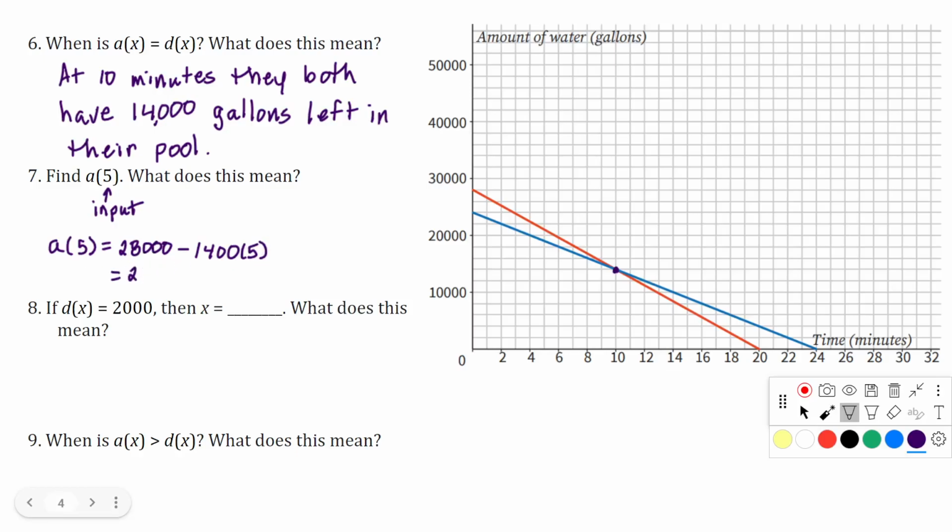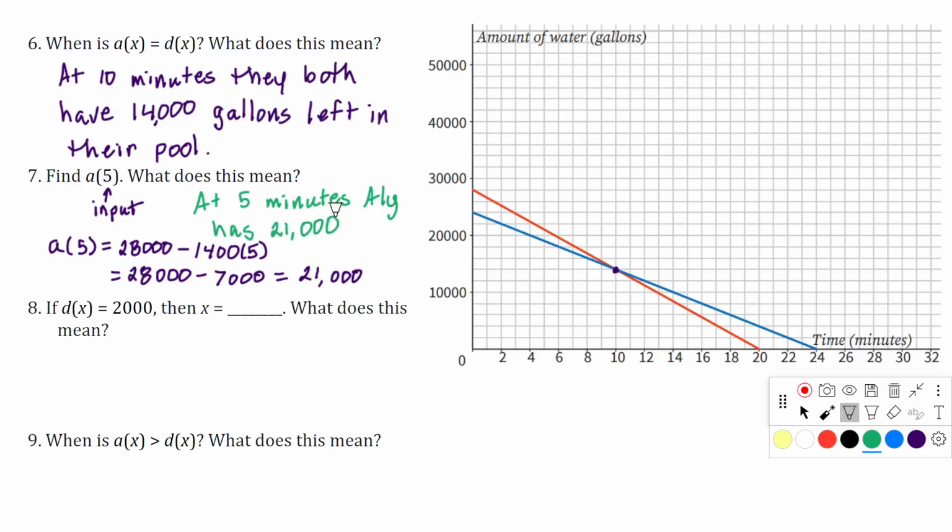That's 28,000 minus 7,000 for a total of 21,000 gallons. So what does this mean? At 5 minutes, Allie has 21,000 gallons in her pool.